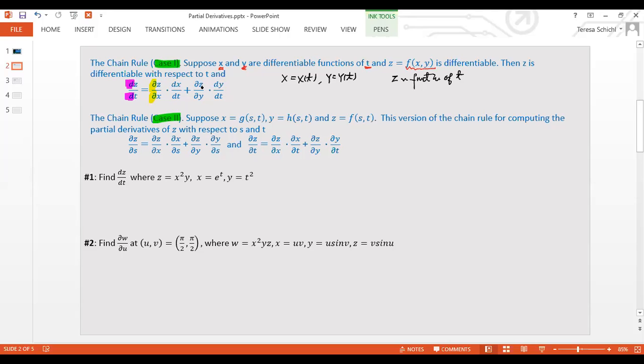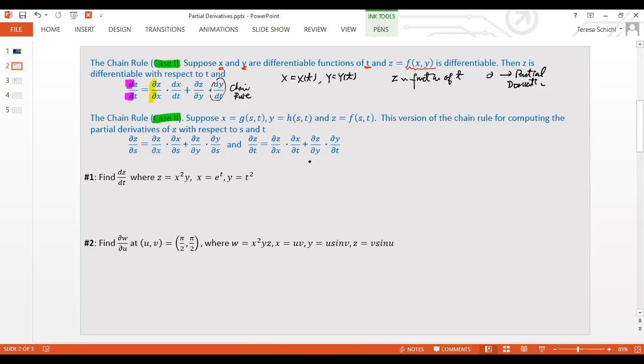The same goes for y: after x, you take the partial derivative with respect to y, times dy/dt. This is the chain rule. Because y is only a function of t, I use d instead of rho. The partial derivative notation means your function has more than one variable.